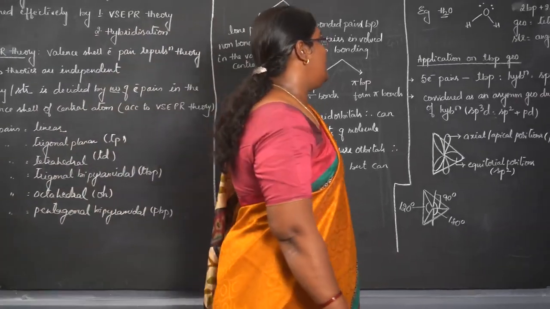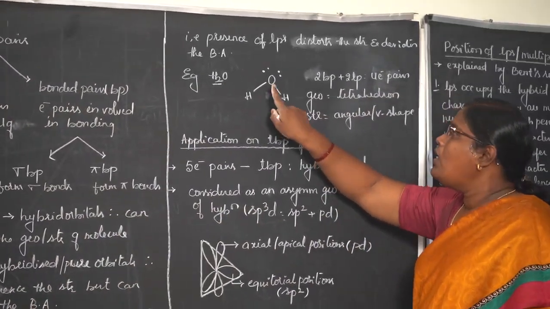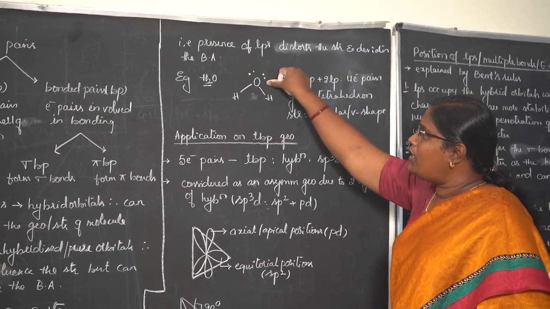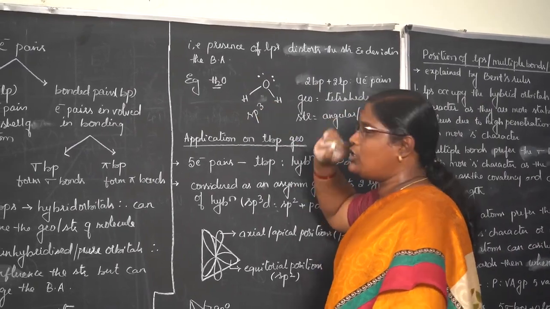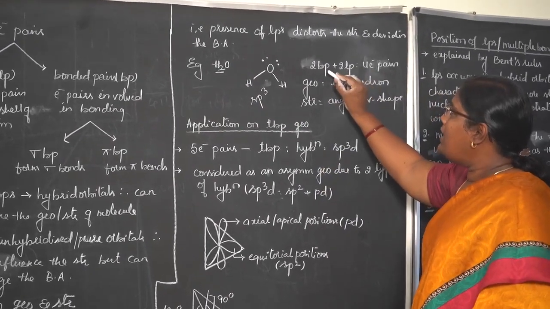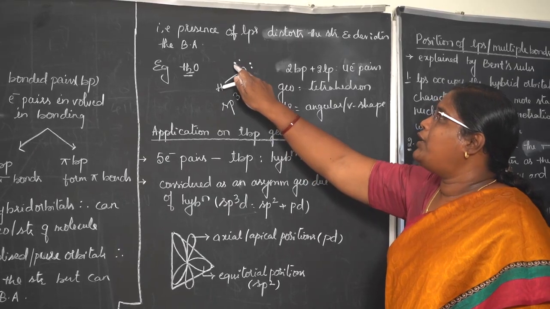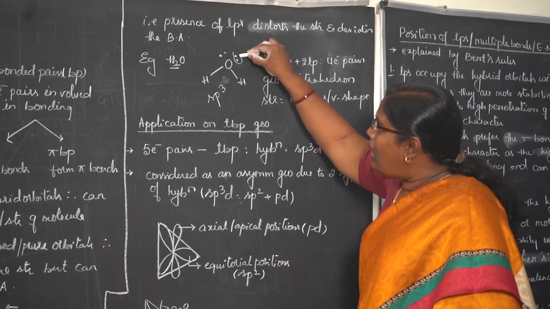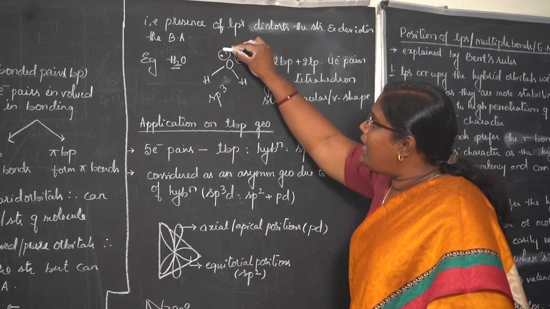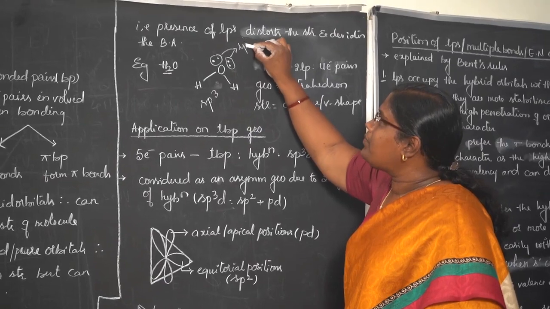Let us see this in the example of the water molecule. This is the structure of the water molecule and it is an sp3 hybridized molecule. In this we have two bonded pairs and two lone pairs. These are non-bonded electron pairs, so we call them lone pairs.